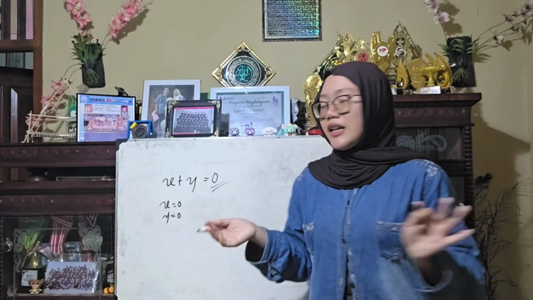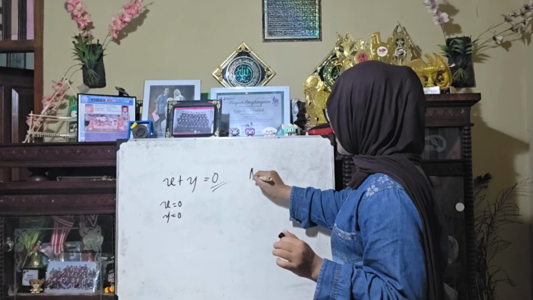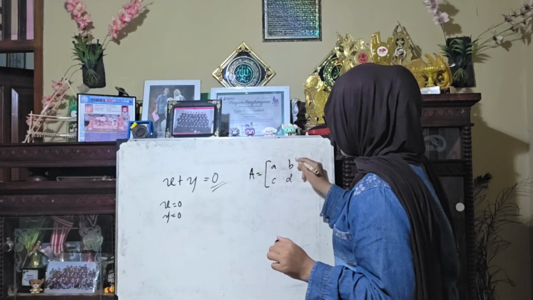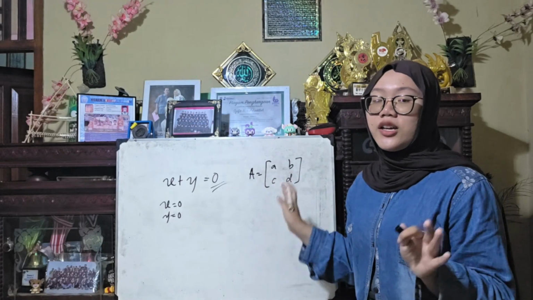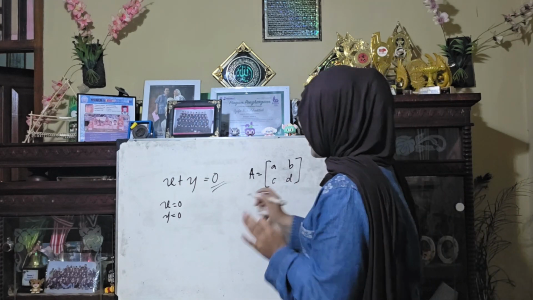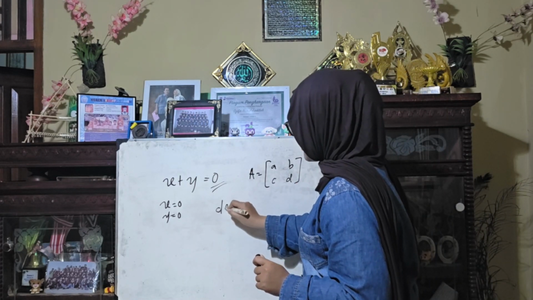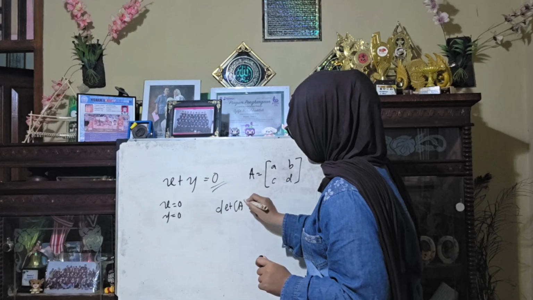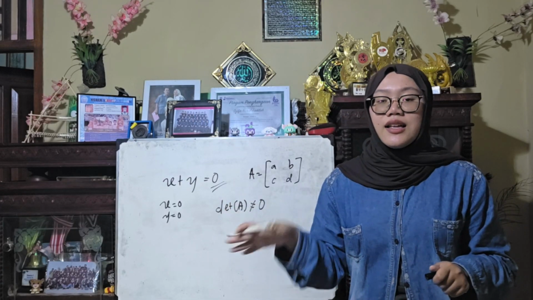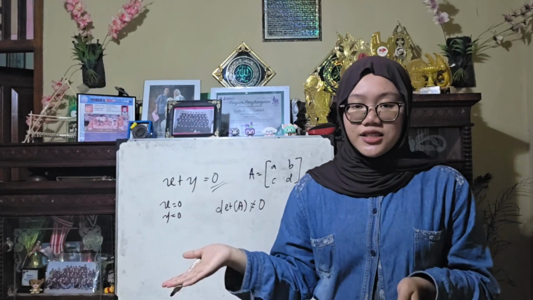And for your information, determinant only works for square matrices. So for example, we have matrix A, with elements a, b, c, d. If we calculate the determinant and the result shows that determinant A is not equal to 0, this means the vectors are independent.